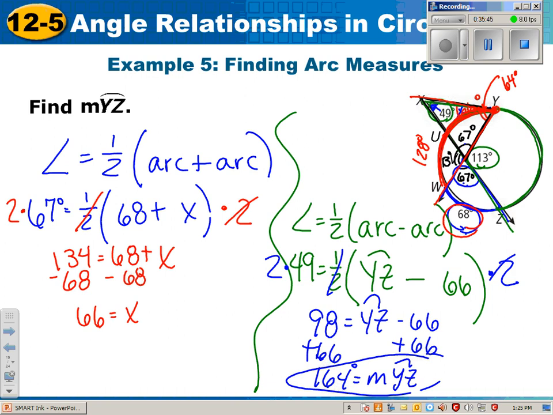So this is 90 and this is 90. Does everybody agree? And this is a 1, 2, 3, 4-sided quadrilateral, which should always add to be 360. So she said 90 plus 90 is 180, plus 20 is 200, which means this angle has to be 360 minus 200, or 160, and the central angle is always the same as the arc.